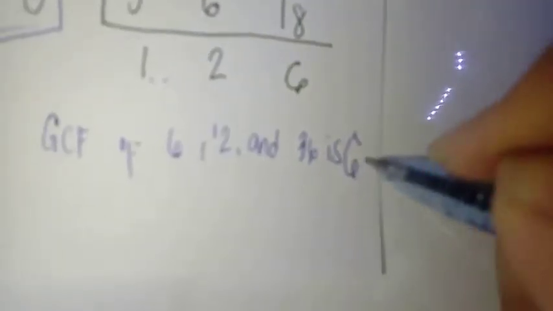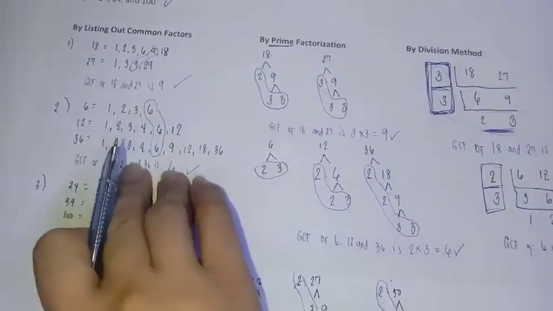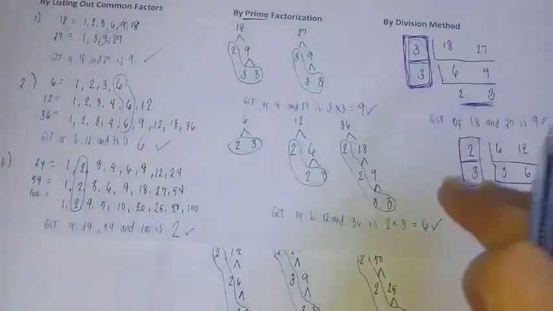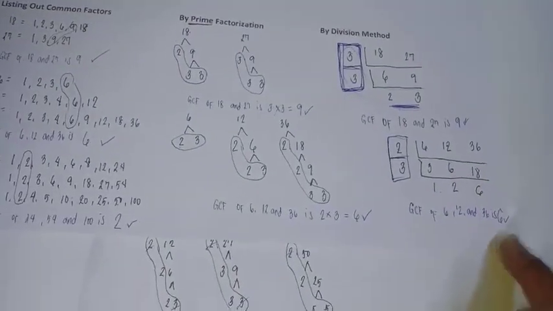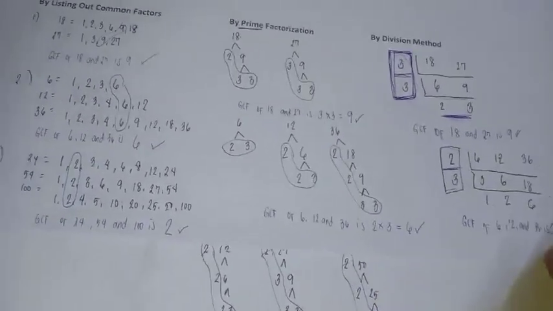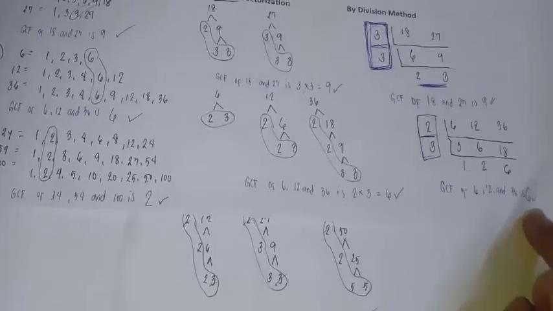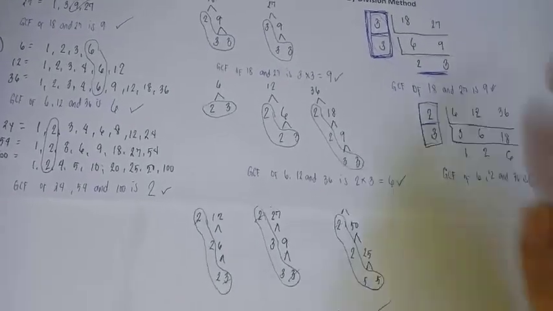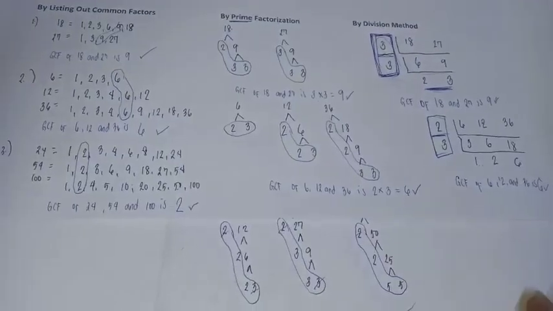So, we get the same answer gamit yung listing out common factors and also the prime factorization, which is 6. Ganun din sa process of dividing. So we get a GCF of 6 in number 2. Itong pinakita ko lang are methods of getting the greatest common factor.